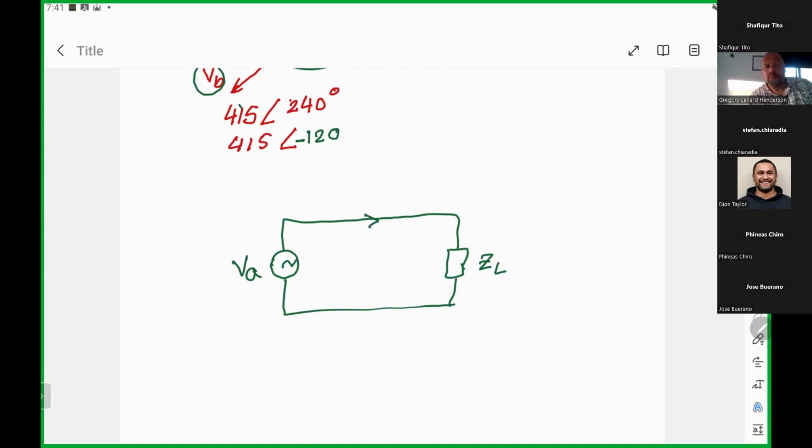If I calculate my current I with this single phase, then all the currents will be the same, differing from each other only by 120 degrees. Is that clear?